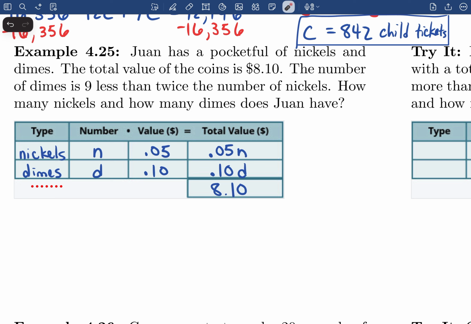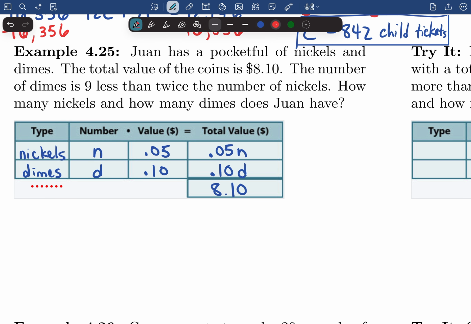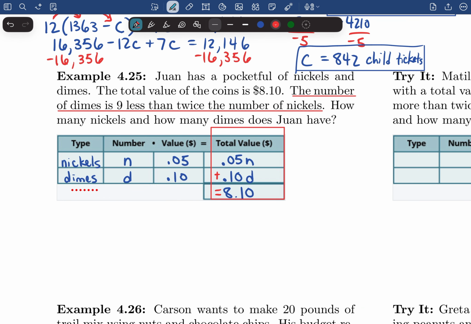Okay, so I have an equation right here from this column that I can create, and that would be just taking those two pieces and adding them together to set them equal to $8.10. And I also have a comparison with the number of dimes and the number of nickels, right? This sentence says the number of dimes is 9 less than twice the number of nickels. So I can create an equation from that.